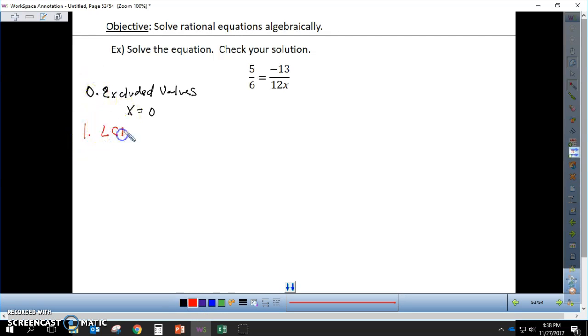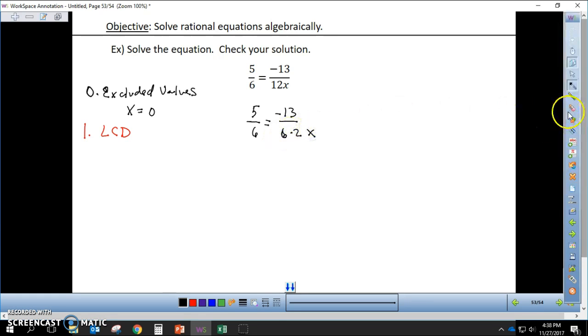Step 1, we're going to identify our LCD. A lot of students struggle with identifying your LCD when it's just numbers like this. What you want to do is look at your lowest value and say, okay, can I represent 12x as 6? And we definitely can. So I'm going to rewrite this as 5 over 6 is equal to negative 13 over 6 times 2x. And I'm going to take one of each.